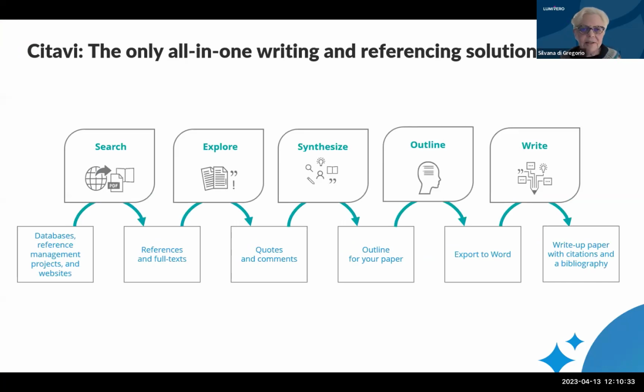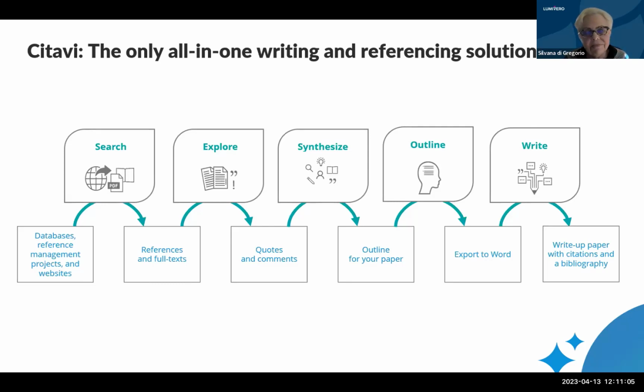And Citavi is great for helping you with all those challenges. In terms of searching the databases, it supports a wide range of databases for you to search and find things, as well as having what's called a Citavi picker, which is if you're accessing databases from the web, that's a quick way of grabbing literature to add to your project.